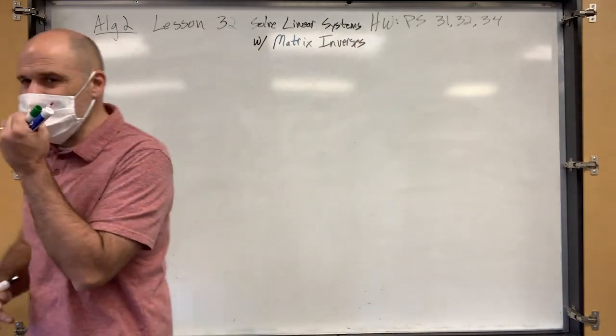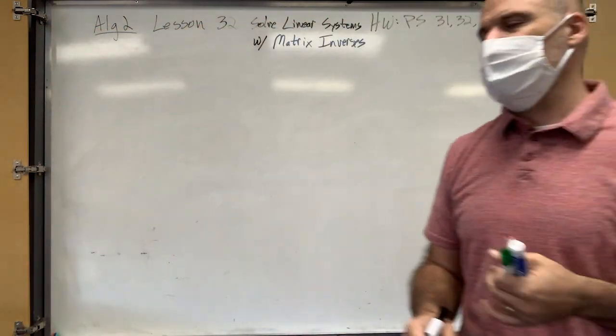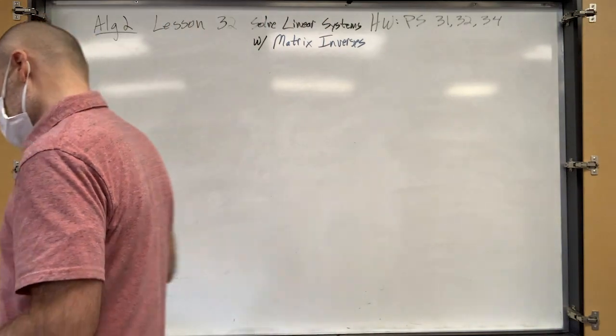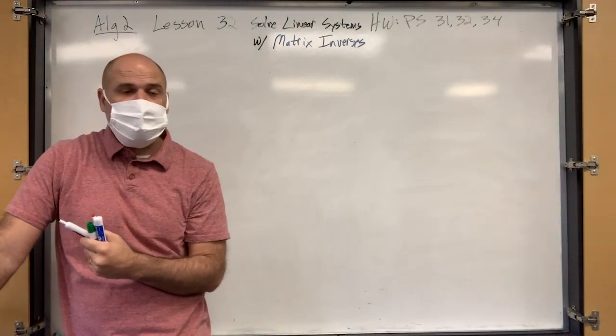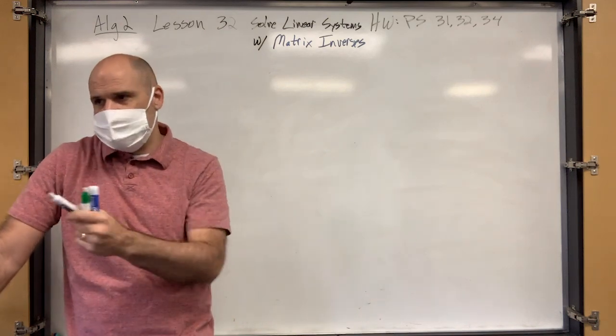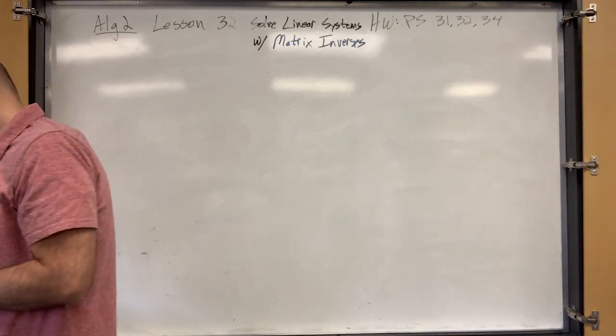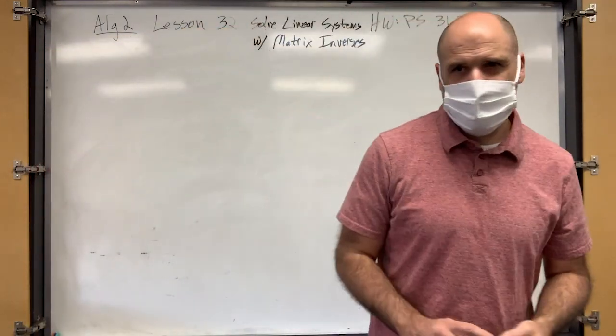Okay, matrix inverses. So what's the inverse of 5? 1 over 5. If you're talking about the multiplicative inverse, whatever you multiply by 5 to get 1 is the inverse, the multiplicative, and that's what I am talking about. And that's the identity.